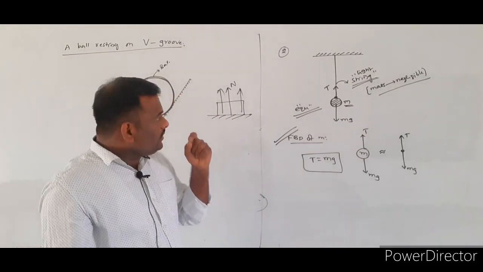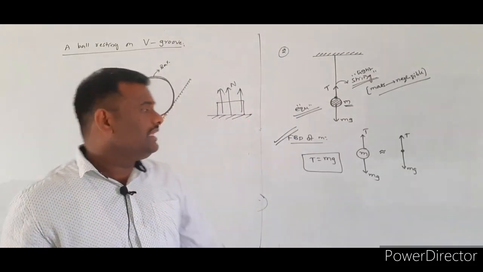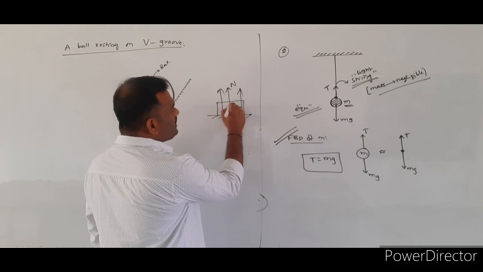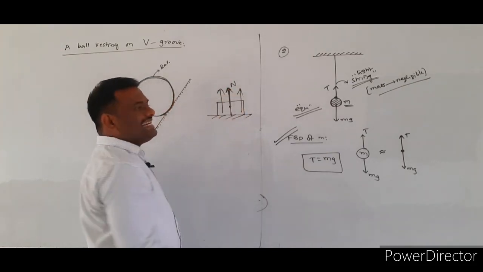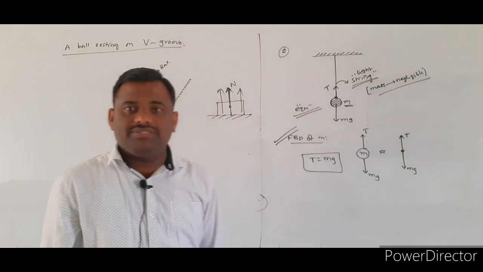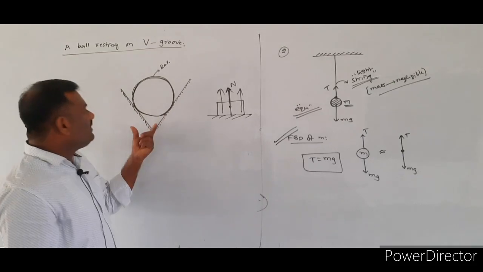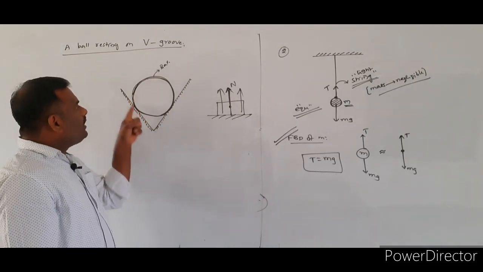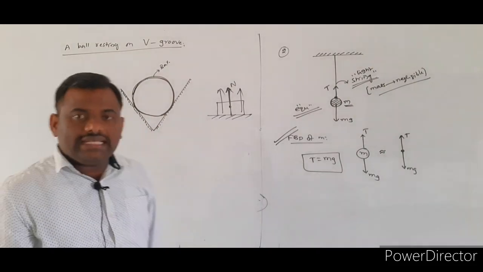While you are drawing the normal reaction, it must be passing through the center of gravity of the given object. So here in this given application, this ball will be in contact with two different surfaces.